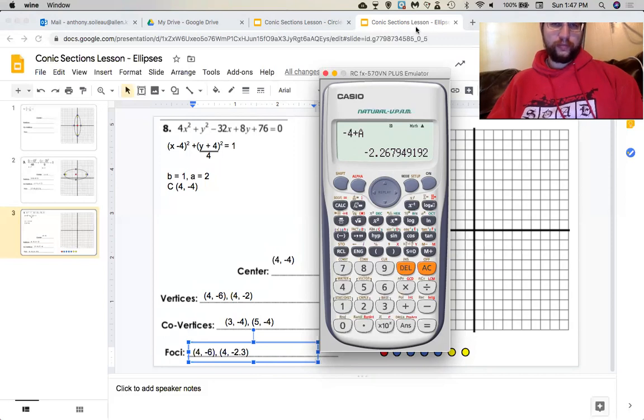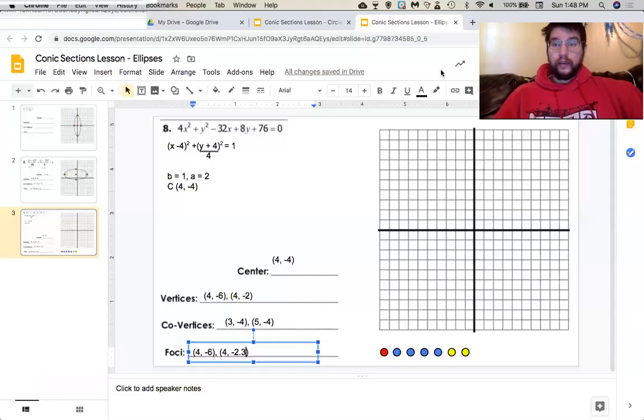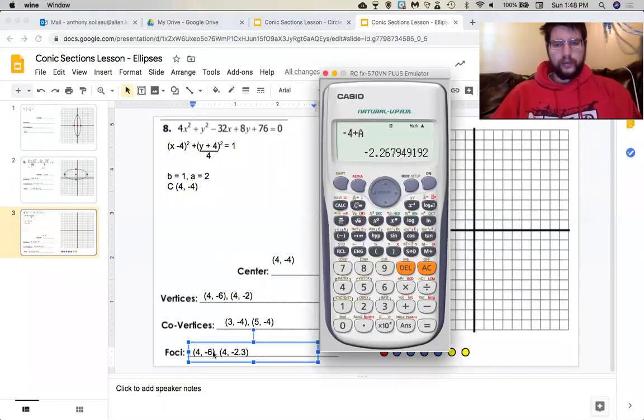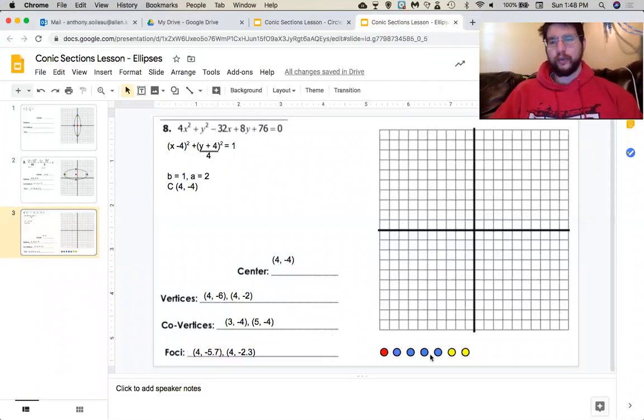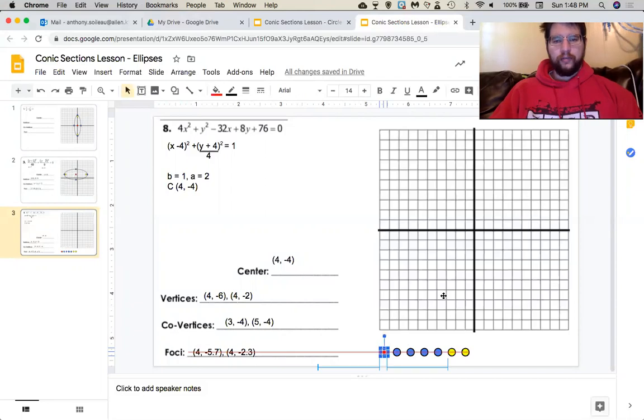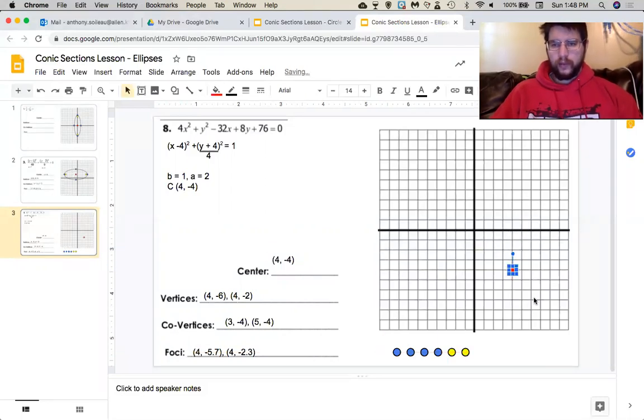Pausing. Sorry, I was visualizing that wrong. I was thinking that was my bottom dot instead of my top dot. So yeah, we're good. Negative 5 point something. Negative 5.7. And again, as long as you have your center and your vertices, I'm good with that. Or negative 4. Right there.